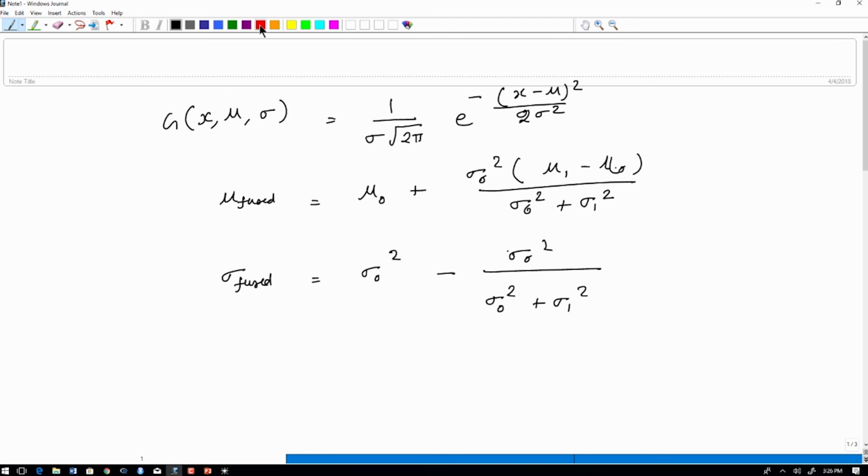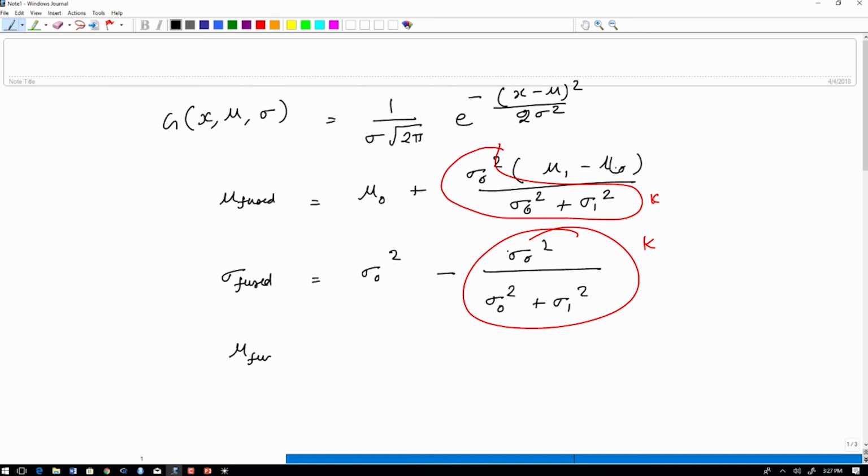In this, if you observe, if you consider the whole thing as some constant k, then we can write again the same equation: mu fused is going to be mu naught plus k times mu 1 minus mu naught, and sigma fused is equal to sigma naught squared minus k times sigma naught squared.